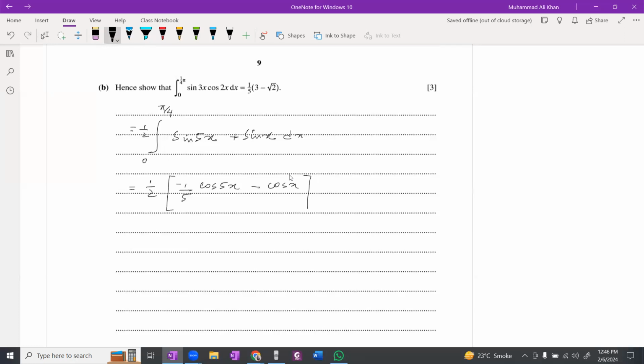This is the integral from 0 to π/4. Now half is here, π/4 upper limit.